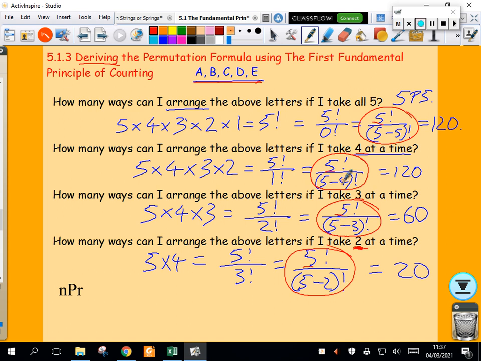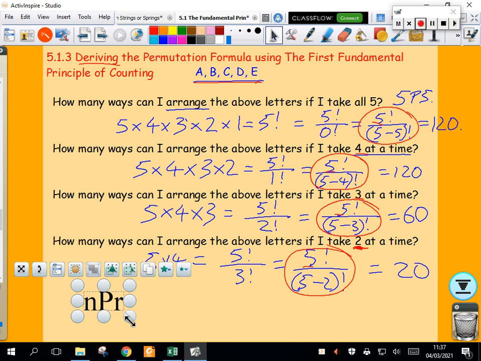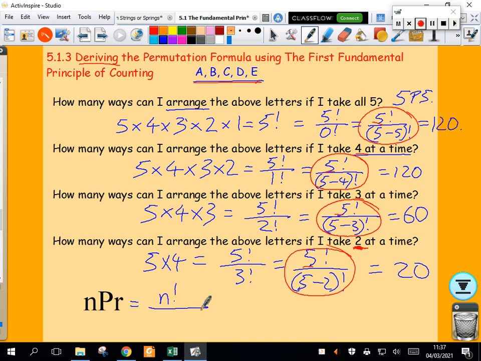Choosing 4 at a time, I'm subtracting 4 from 5 on the bottom, etc. So nPr can be defined as, nPr, n permute r. That's the way we read that. n permute r can be defined as n factorial divided by n minus r factorial.